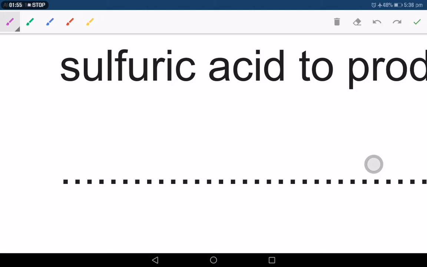Crystals of zinc sulfate may be prepared in a school or college laboratory by reacting dilute sulfuric acid with a suitable compound of zinc. So if you have dilute sulfuric acid and a suitable compound of zinc, you just mix them together and you get zinc sulfate. Give the formula of two simple compounds of zinc that could each react with dilute sulfuric acid to produce zinc sulfate. So you can say zinc sulfate and zinc chloride.